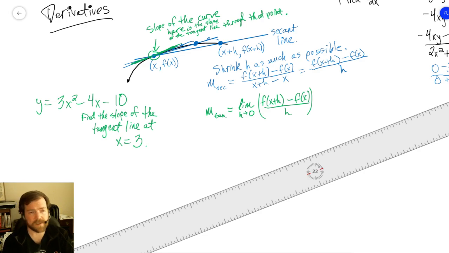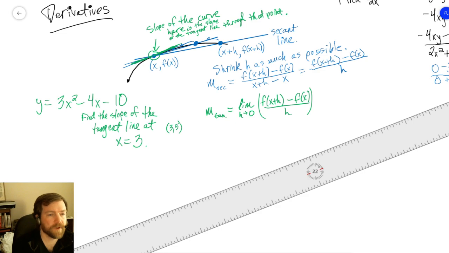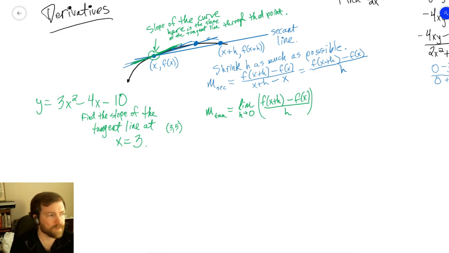I'm going to be lazy about this. So technically 3, 5. All right, so find the slope of the tangent line for this particular function at this point 3, 5.